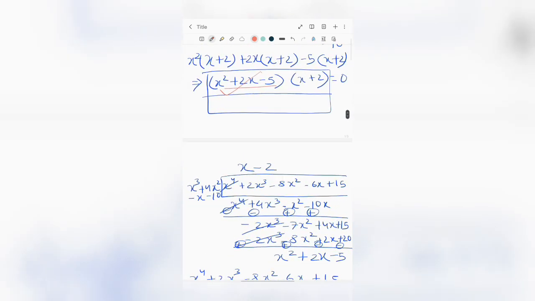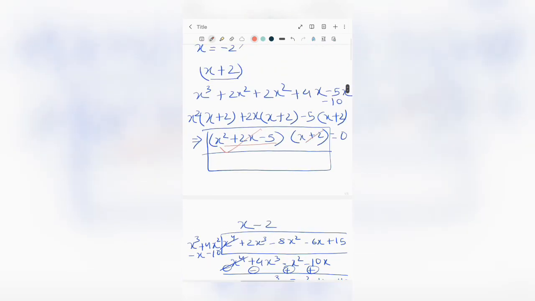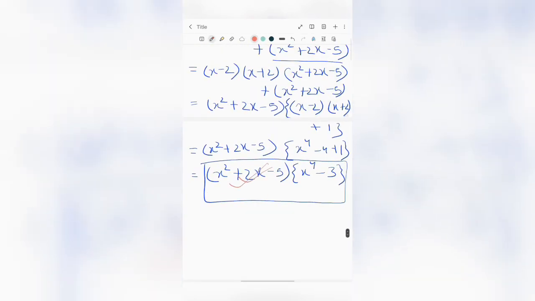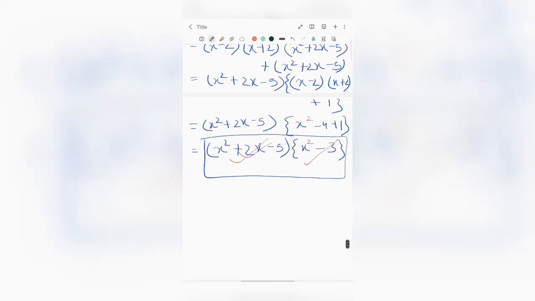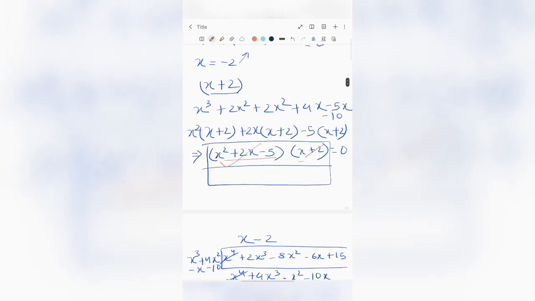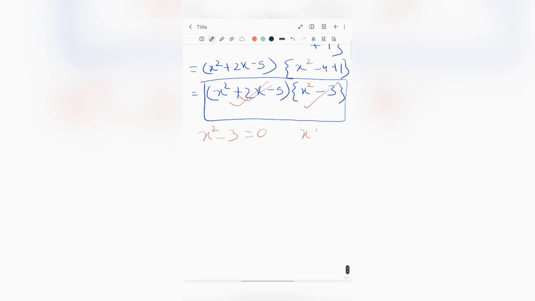So the uncommon factors are x plus 2, and x square minus 3. Both of these definitely equal 0, so we can tell that x equals plus or minus root 3, and from the other, x equals minus 2.